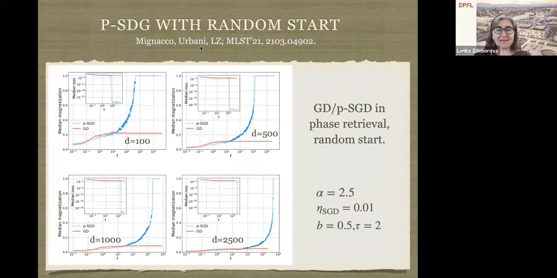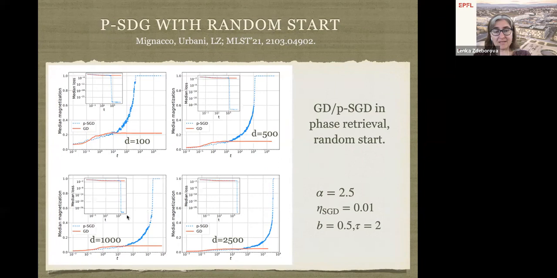And when we put it back to the phase retrieval problem, the setting did not change, and we look at how large the alpha, the number of samples over the dimension, can be so that we are finding this way something close to zero test error.